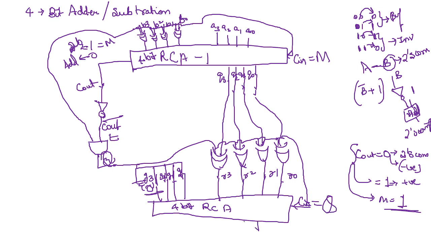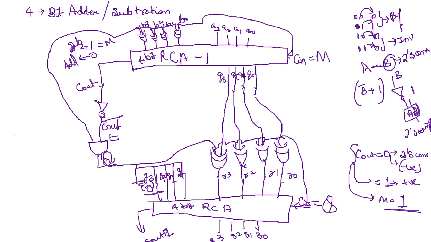So now this output will be our final 4-bit adder subtractor output, S3, S2, S1, S0, and this will be our final C out. Is this clear now? Is it fine? Yes, madam. Fine. Thanks.